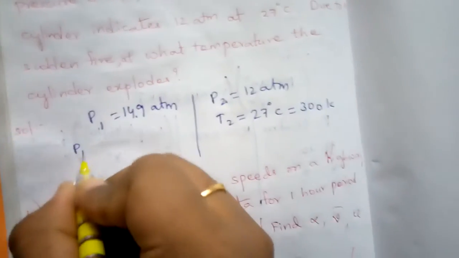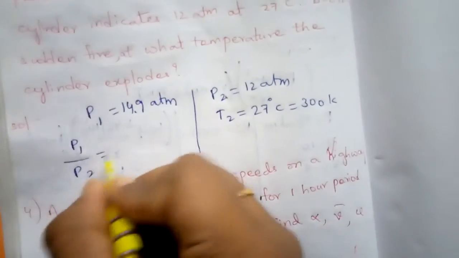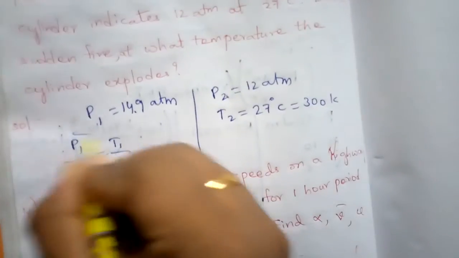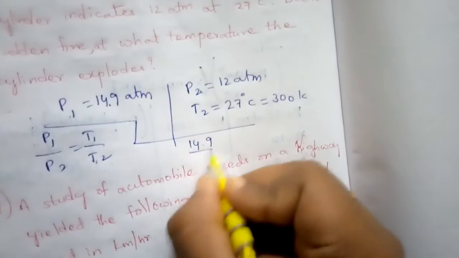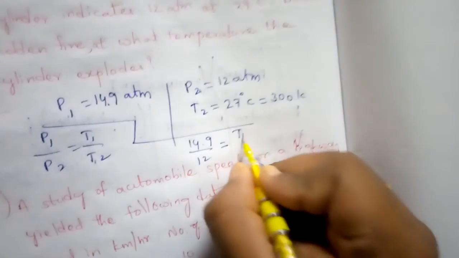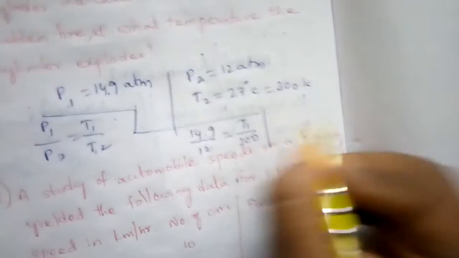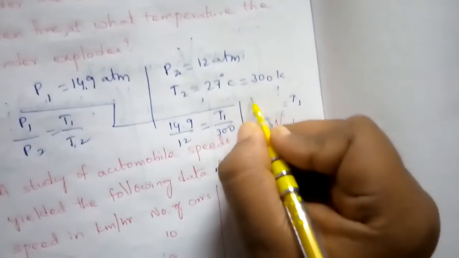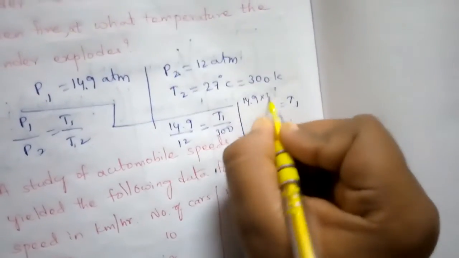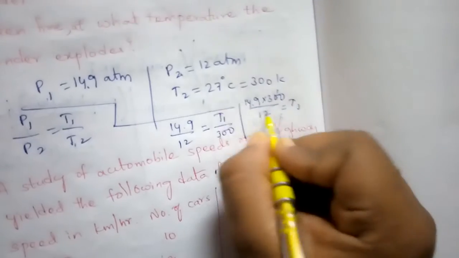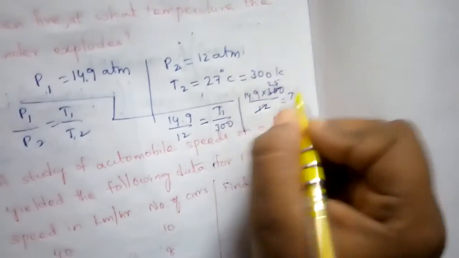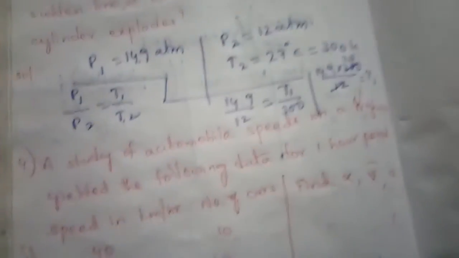So you need to apply P1 by P2 equals T1 by T2. So 14.9 by 12 atmosphere equals T1, which you need to find out, by 300. So T1 equals 14.9 into 300 by 12. If you multiply, you are going to get this T1.